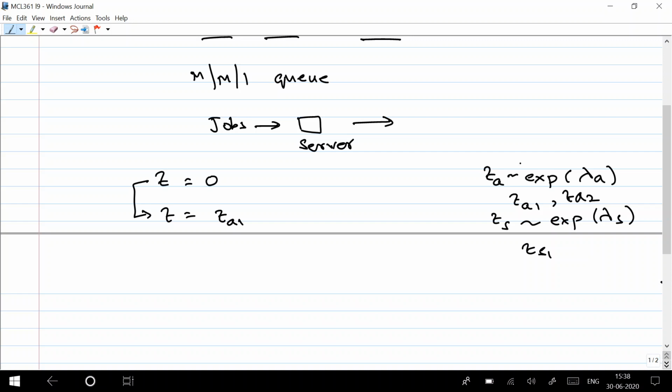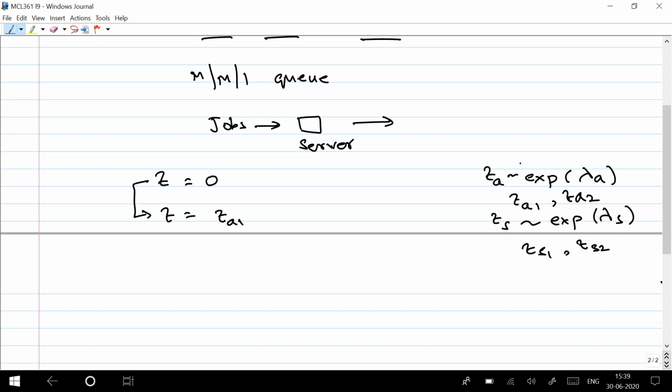Similarly, you also sample a service time for this customer, so you get a ts2 also. It could be that the third customer arrives even before the first customer completes their service, right?